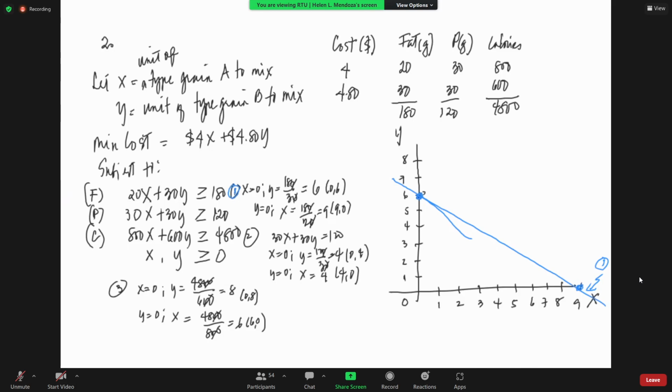Okay. So what you can do instead of getting a point, substitute 0 to x and y. Then ask the question, since the multiplier is 0, then you know that the left side is 0. So you ask the question, is 0 greater than 180?